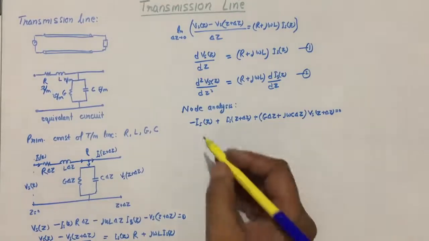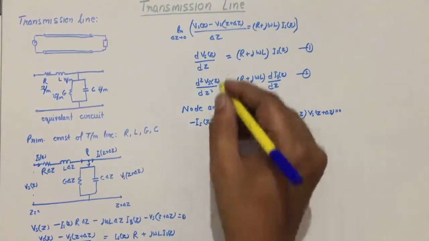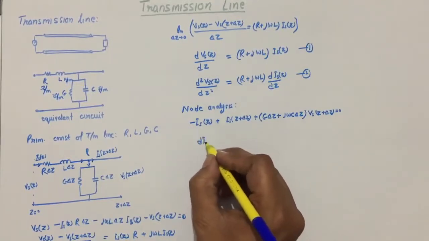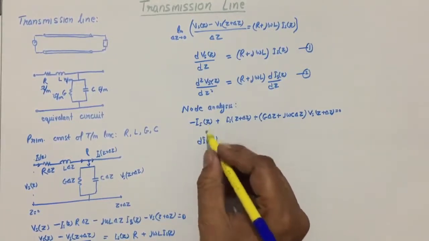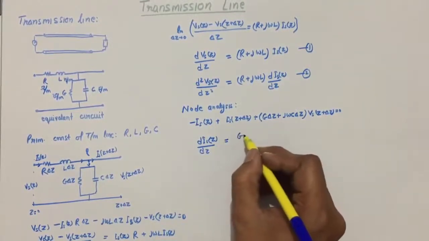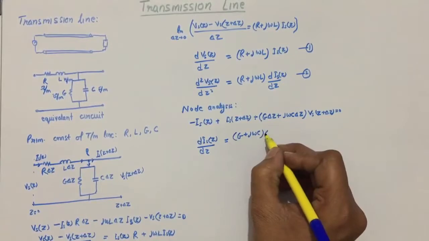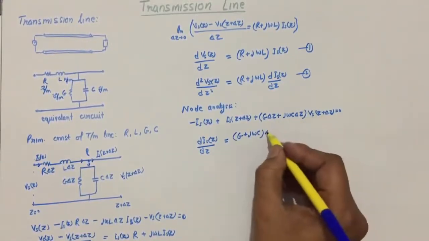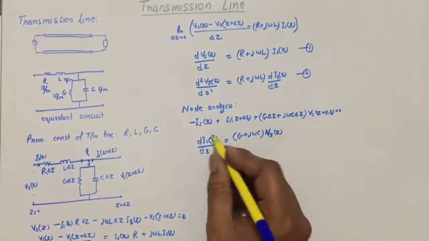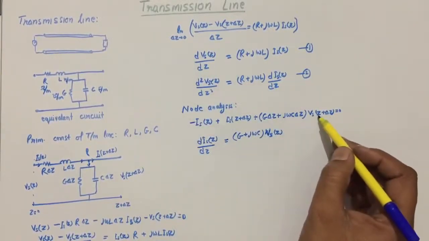Now if we simplify following the same way, I'm not going to solve it, I'm just writing the final equation we find in the case of voltage. We can write dI_s(z)/dz will be equal to (G + jωC) times V_s(z). This is only when Δz tends to 0.